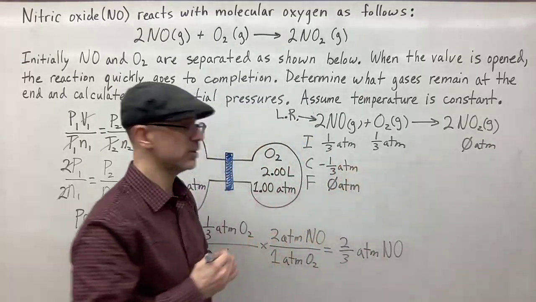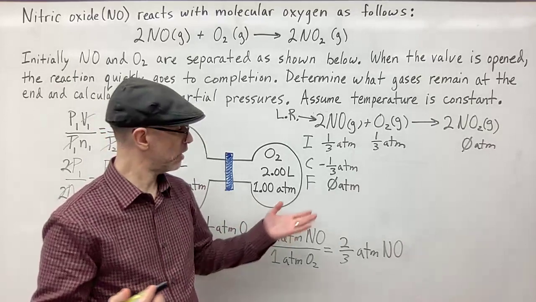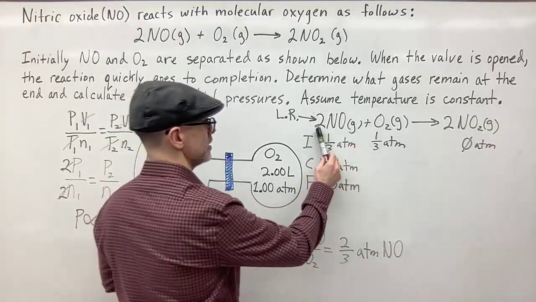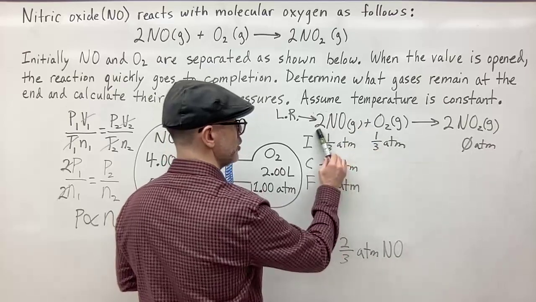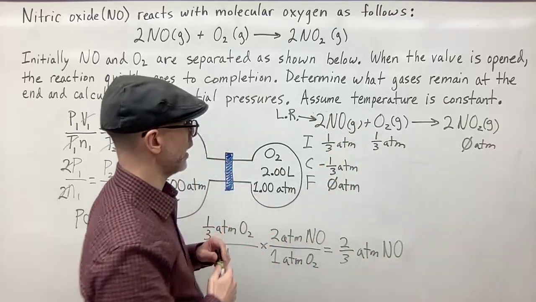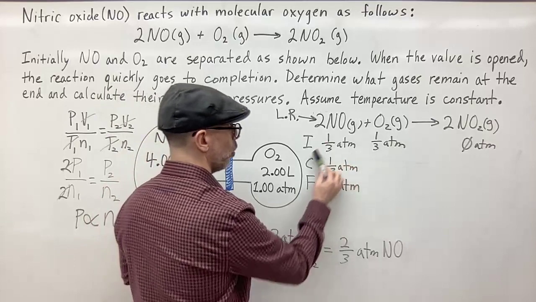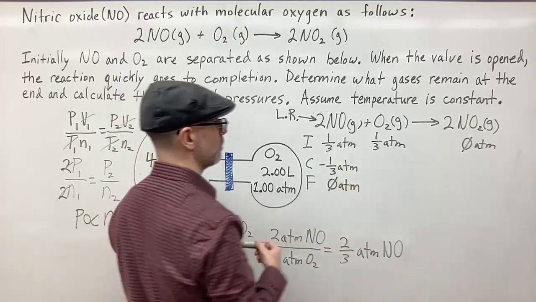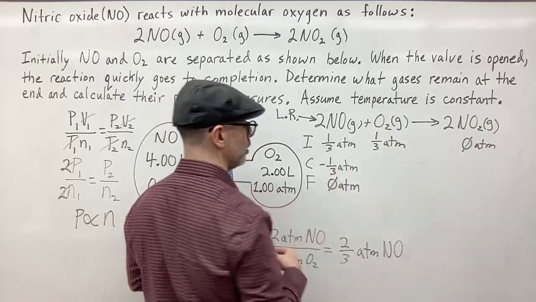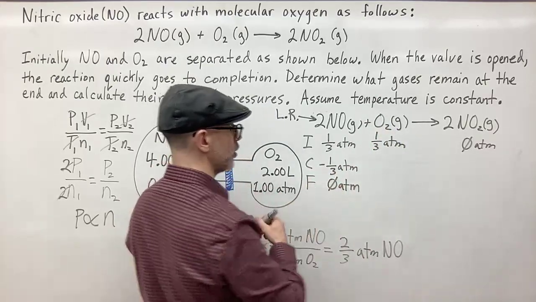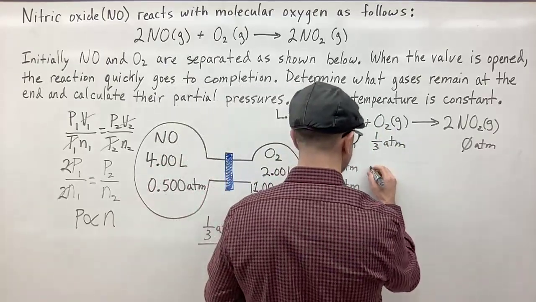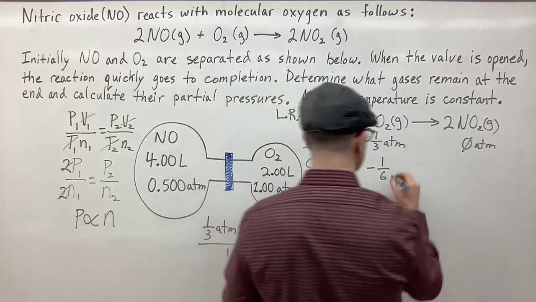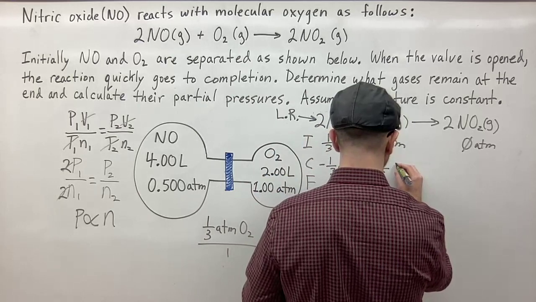I lost 1/3 atmospheres of my NO, and because this is a 2-to-1 ratio, I'm going to lose half that amount. What's 1/2 of 1/3? That's going to be 1/6. So I lose 1/6 atmospheres of my O2.